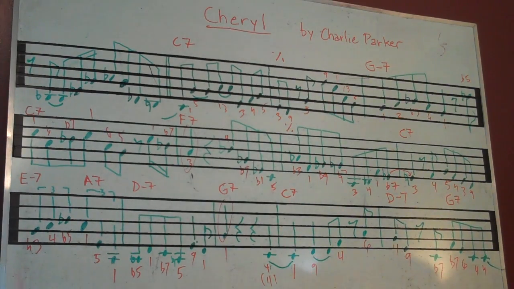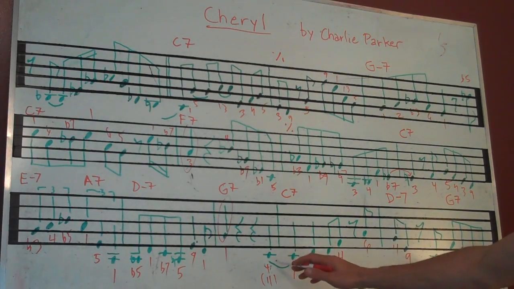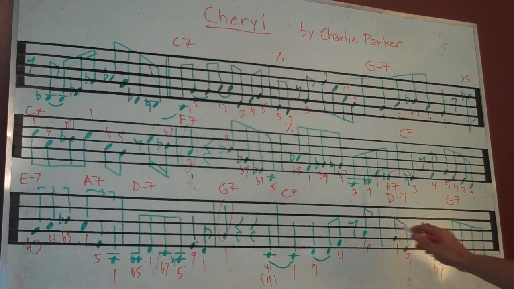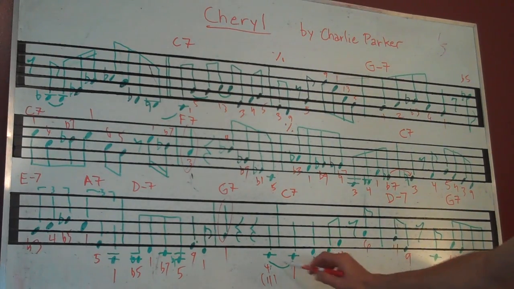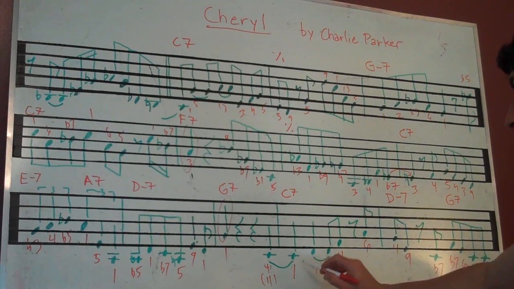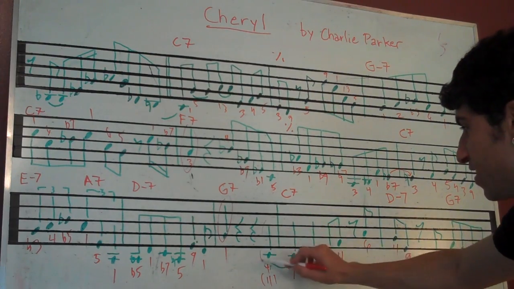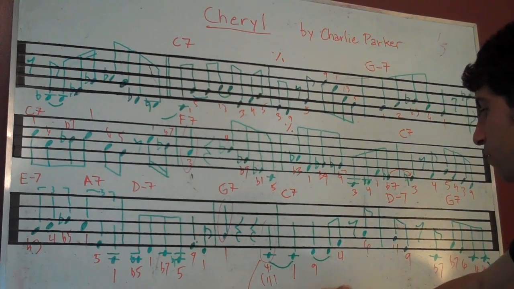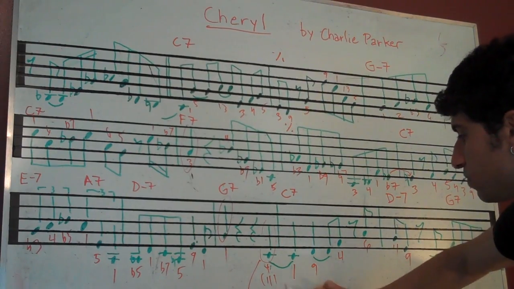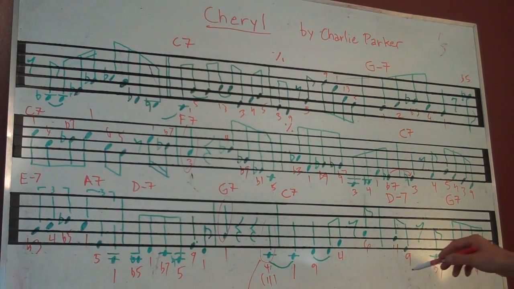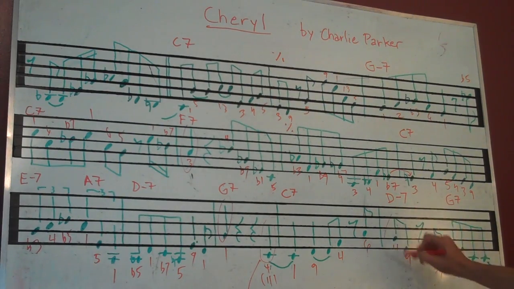This is the coolest thing of all. He's doing the same thing. He's fooling your ear because you don't really know where the 1 is, because he's coming in on 4 right here. So he's approaching this for the 1.